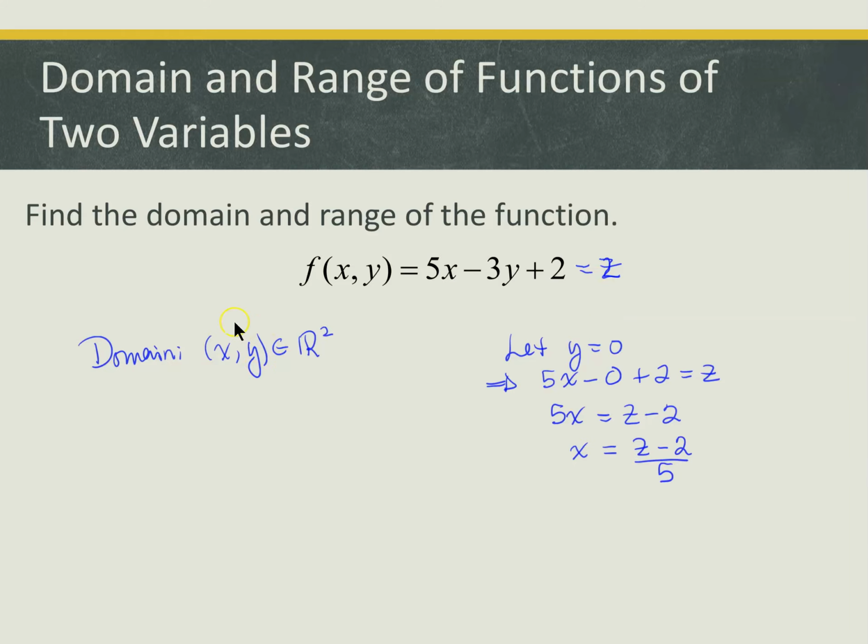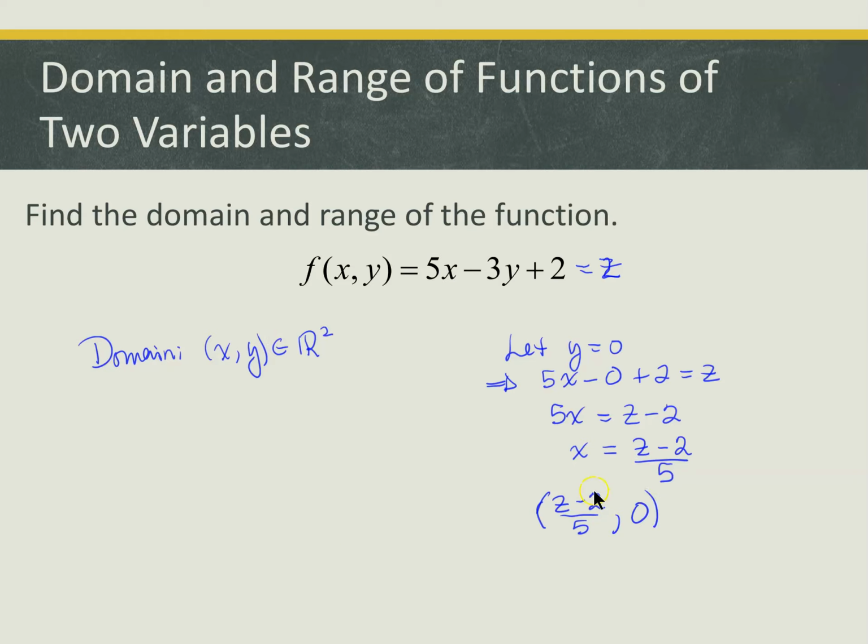Now remember, the domain of the function is all real numbers. And what we've just done is we've created an ordered pair in the xy plane where the x coordinate is (z minus 2) over 5 and the y coordinate is 0.